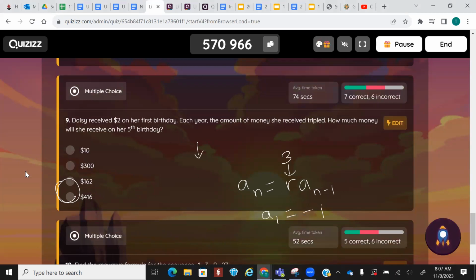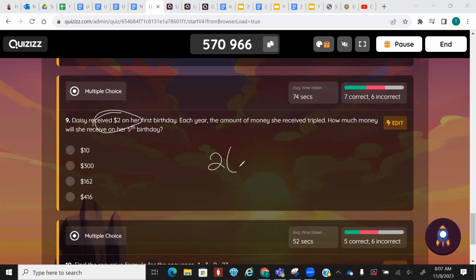On the next one, Daisy received $2 on her first birthday. Each year, the amount of money she received tripled. How much did she receive on her 5th birthday? So how much did she start with? So she received $2 on her first birthday. And then how much are we going up by? 3. And then we're going to say x minus 1 as our exponent.